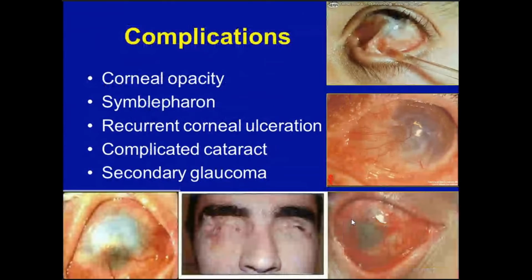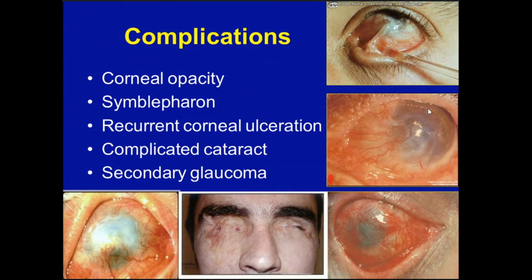Very severe complications may occur after chemical burns. Usually these are corneal opacity, symblepharon, recurrent corneal ulceration, complicated cataract, and secondary glaucoma. Look, the totally opaque cornea.